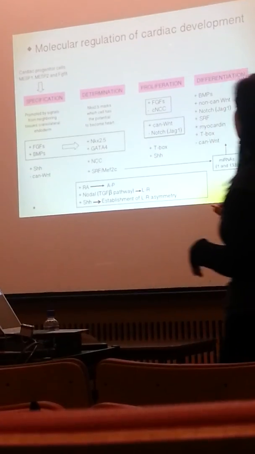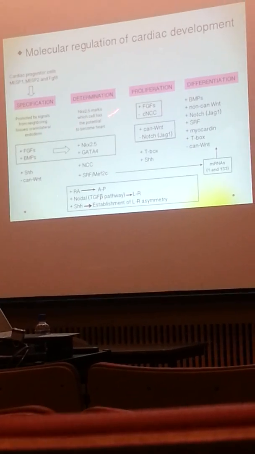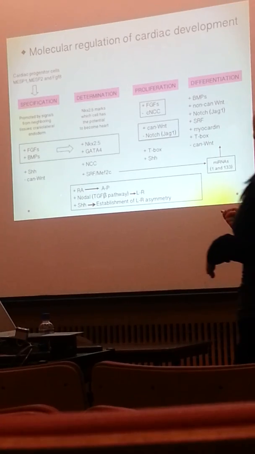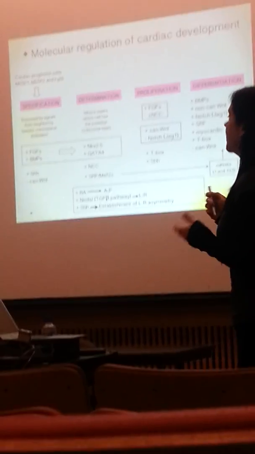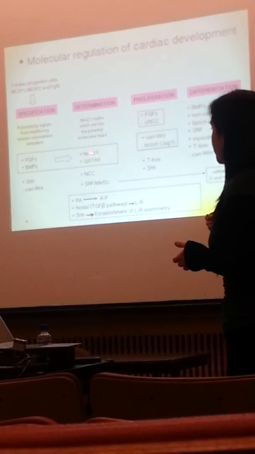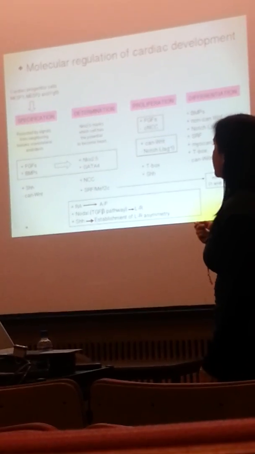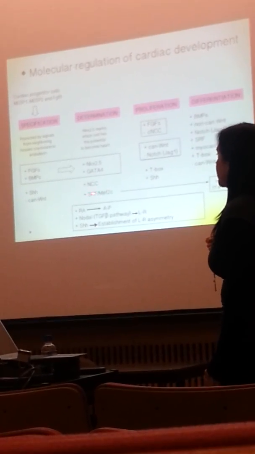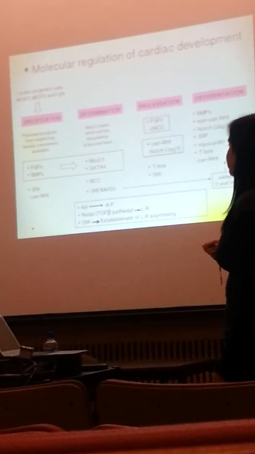So when we move to determination, there is a gene, NKX2.5, that will mark which cell has the potential to become heart. Besides this important gene, GATA4 will also influence these cells, also the neural crest cells, and some others like serum response factor and MEF2C.